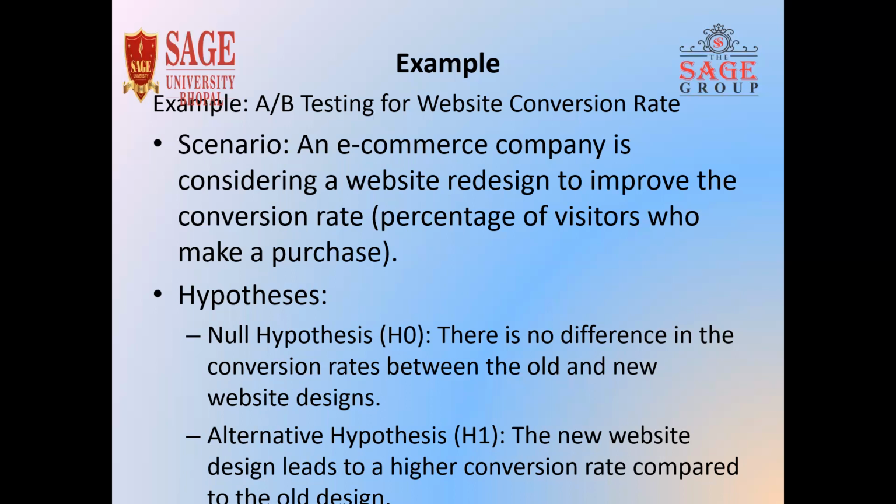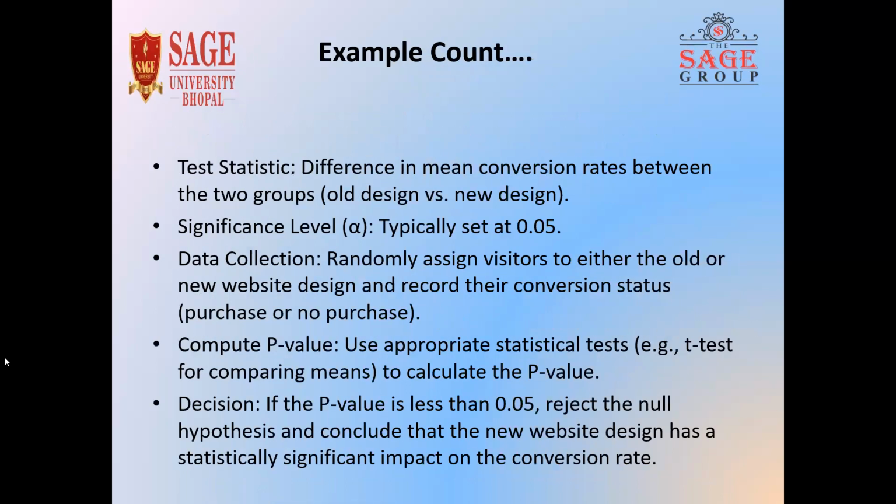The alternative hypothesis H1 is that the new website design leads to a higher conversion rate compared to the old design. Next, we perform the test statistic, which calculates the difference in mean conversion rates between two groups, old design versus new design. And we set the significance level alpha, that is 0.05.